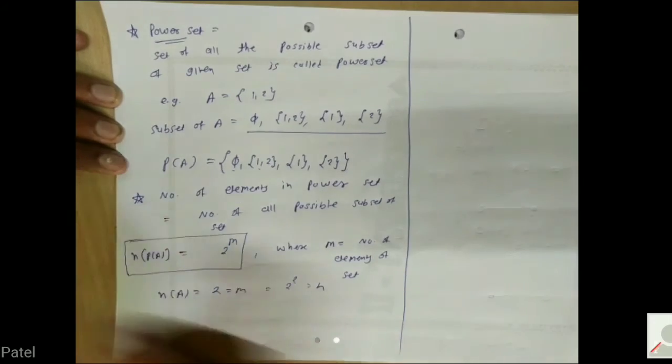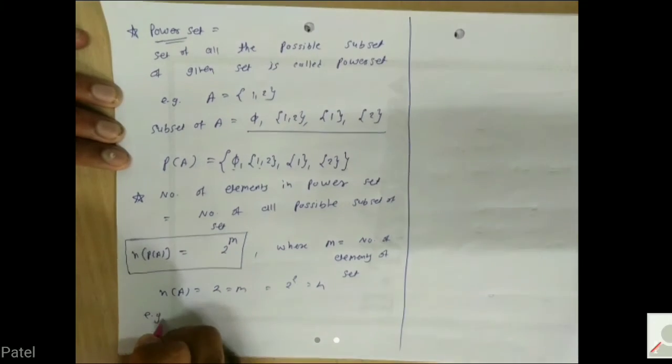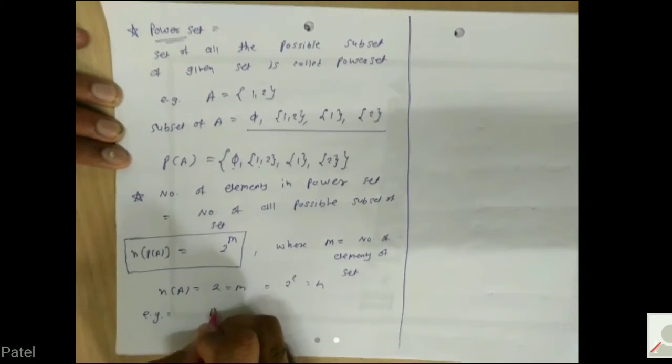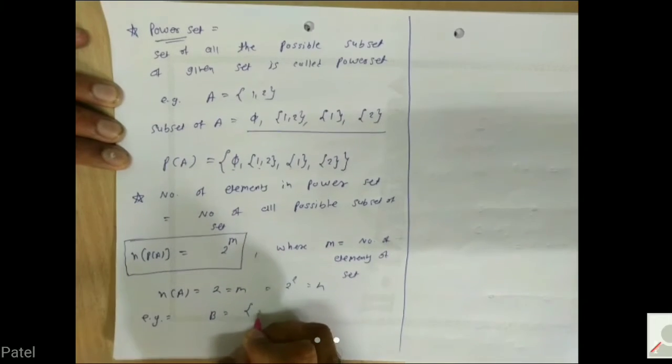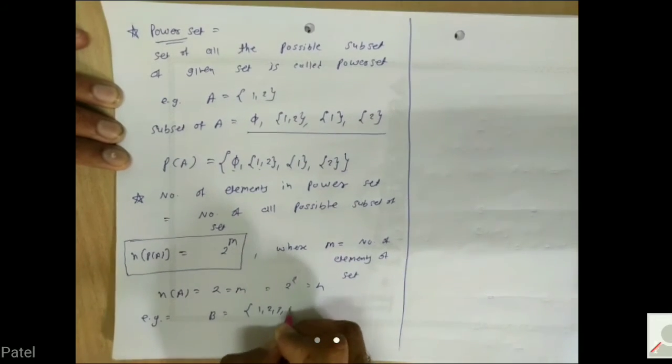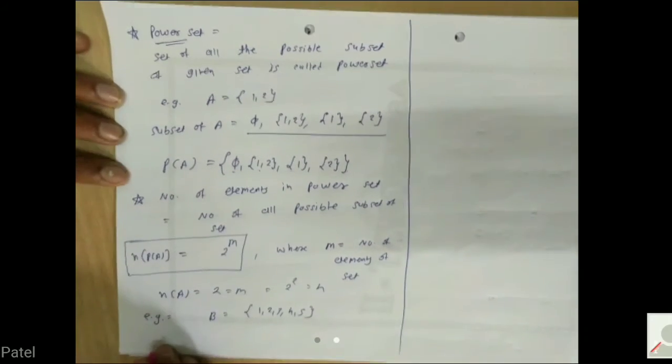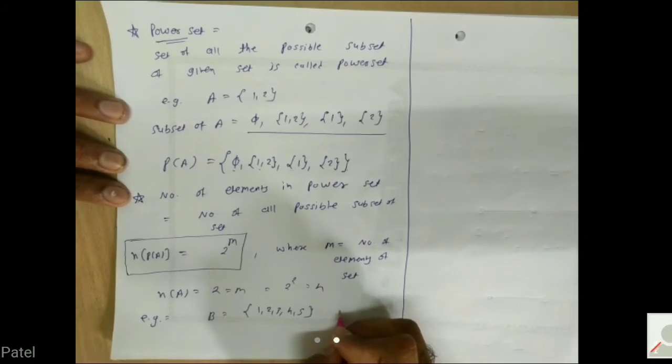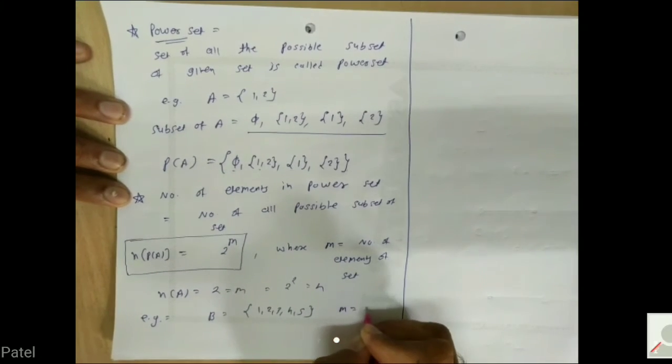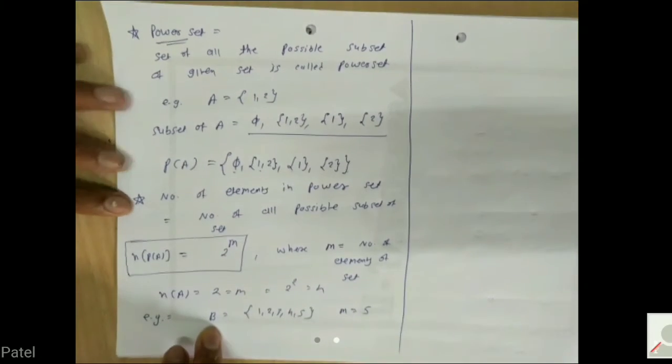So you can find the number of elements in a power set. For example, if you are given set B equal to {1, 2, 3, 4, 5}, how many elements are there in set B? The number of elements in set B is 5.